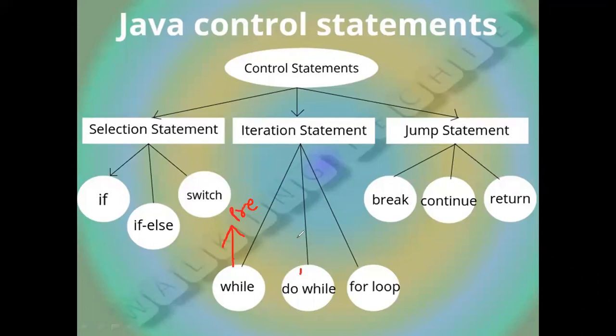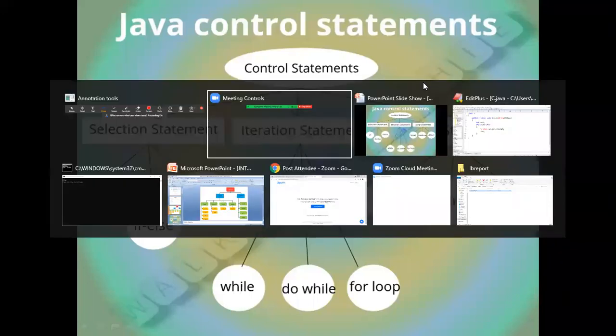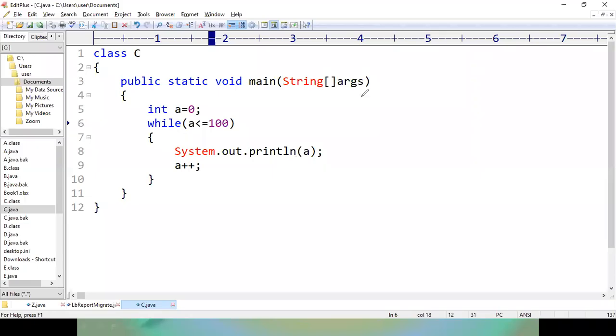And coming to the do while, it is called a post-test iteration loop. How the do while syntax will be: we maintain do, and after the block ends we maintain while A less than 10.